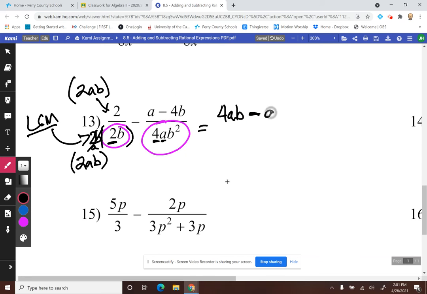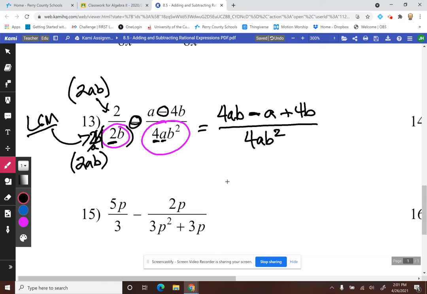So I'm just going to go ahead and write subtract a. But now notice here I have subtraction of a negative. When I subtract a negative, that's a double negative. That actually becomes a positive 4b. Okay, positive 4b. And this is all over 4ab squared. So I just want you to note that that subtraction symbol is going to change the signs on everything that's after it, okay?